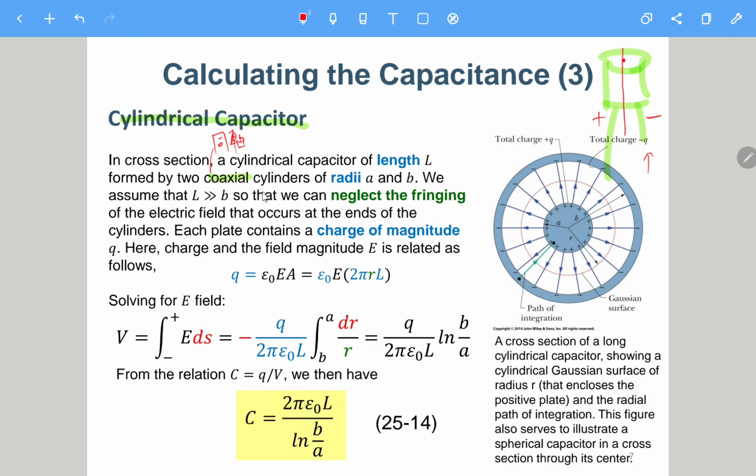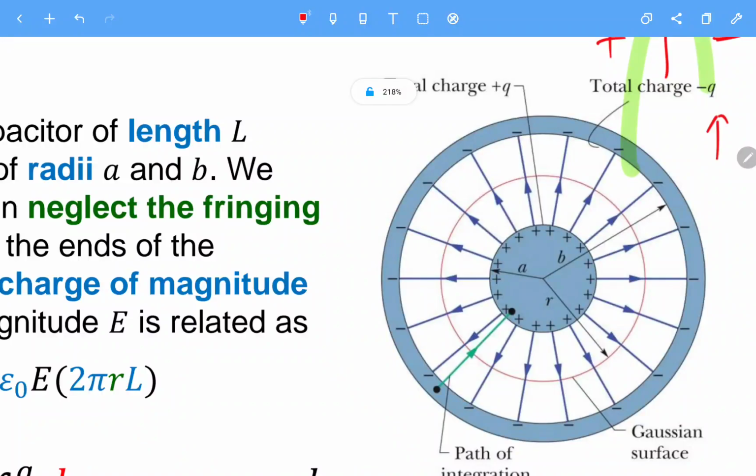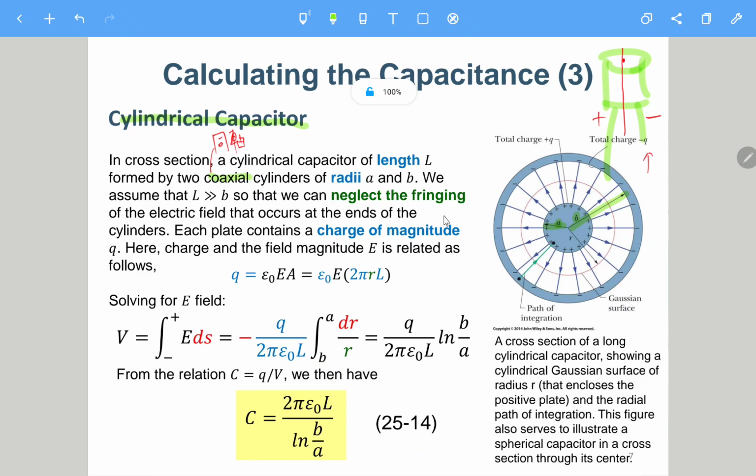Two coaxial cylinders of radii A and B. We assume that L is much larger than B. So there is some length. A is the radius of the inner cylinder, and B is this one, and L means the height.